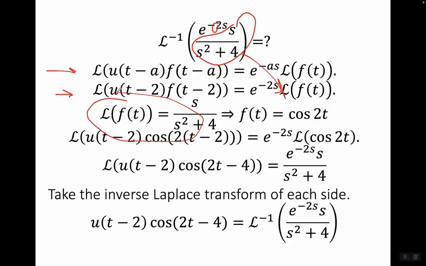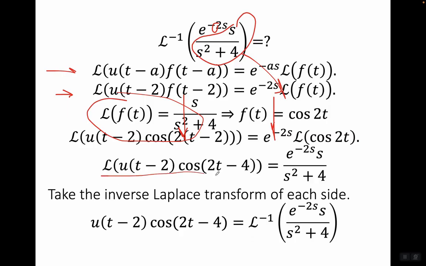So the Laplace transform of u(t-2) cosine of 2(t-2). All we're doing is plugging in cosine 2t for f. This is what the left side is going to be, and the right side is going to be e^(-2s) times the Laplace transform of cosine 2t.